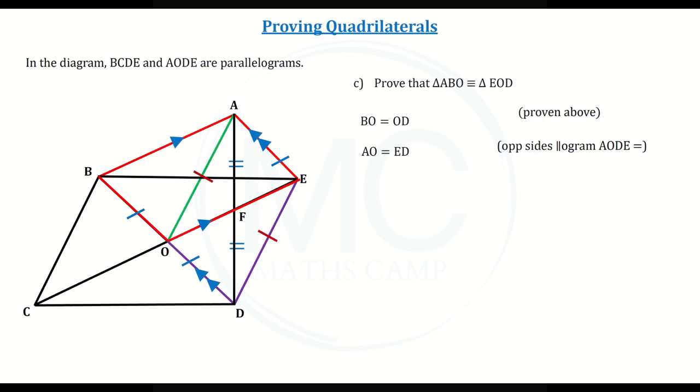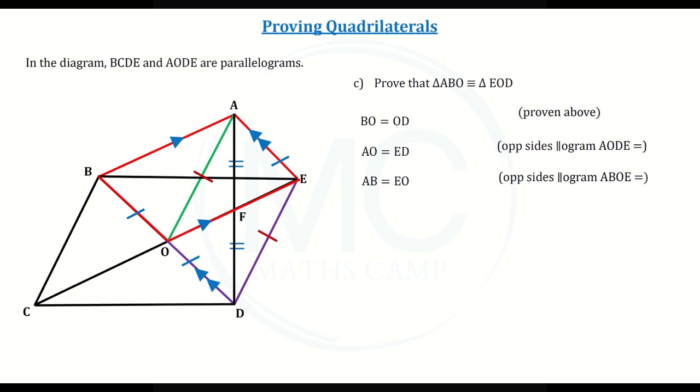AB sits in triangle ABO, and the opposite side EO sits in triangle EOD. We know that the opposite sides of a parallelogram are equal. So now we can say that AB is equal to EO. And as our reason, it is because the opposite sides of parallelogram ABOE are equal.